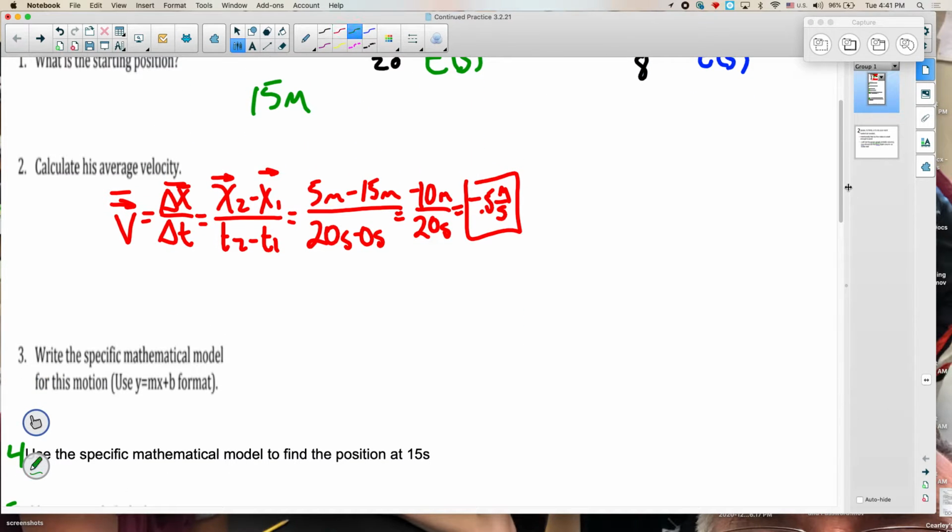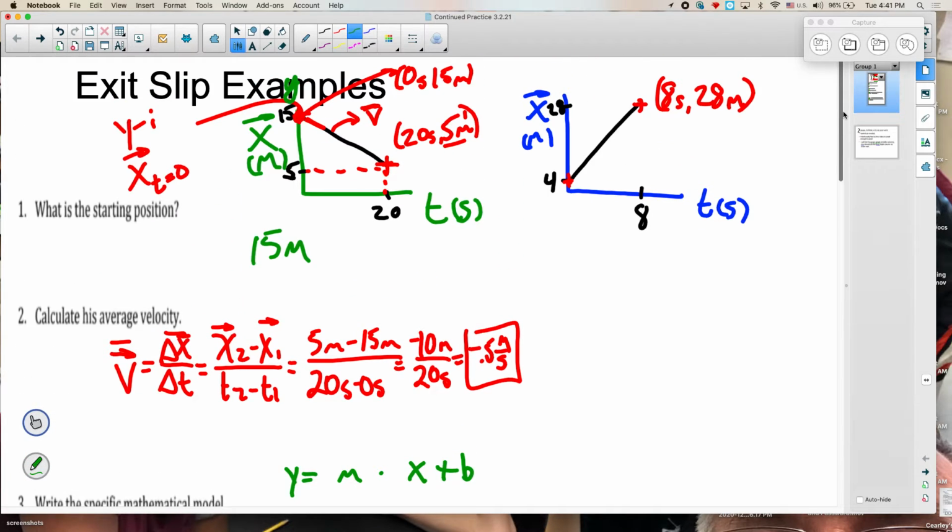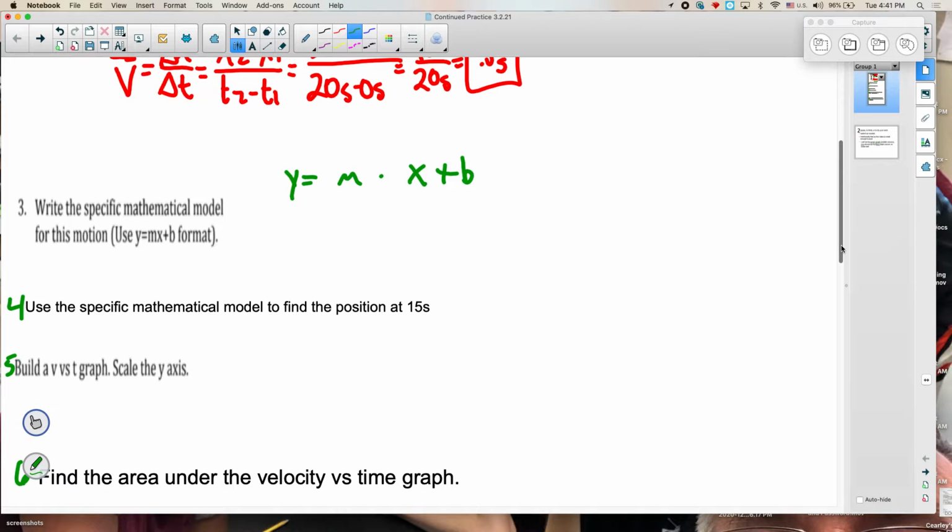Now, we know that for any graph, if you've got a line, it's going to follow the format of y equals mx plus b. We replace y with the name of the y-axis, or the vertical axis, in this case position, where the x-axis is clock reading. So for our specific mathematical model, we replace y with the name of the y-axis.